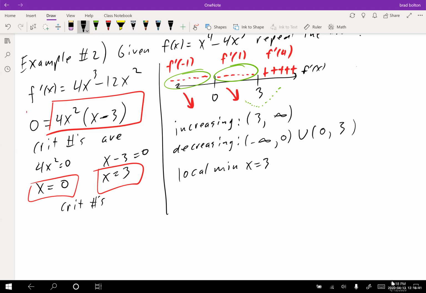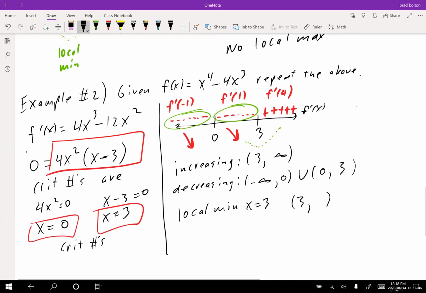But again, sometimes they will request the point. So it would be 3 comma what? We'll actually have to plug that in. So let me do 3. So that would be, let's see here, 3 to the 4th minus 4 times 3 cubed.